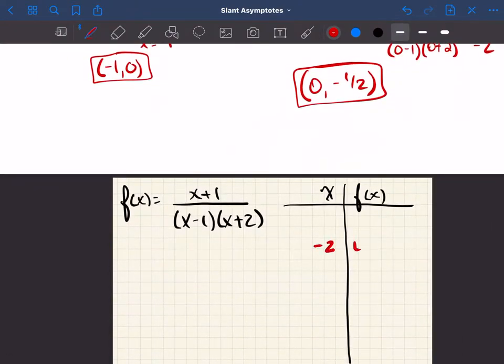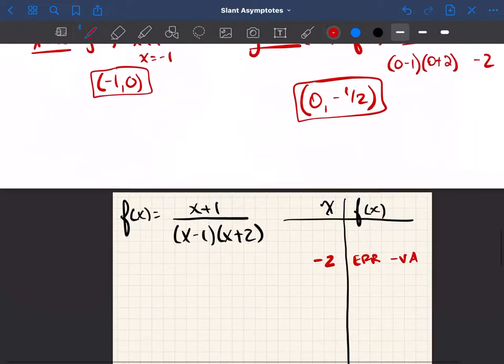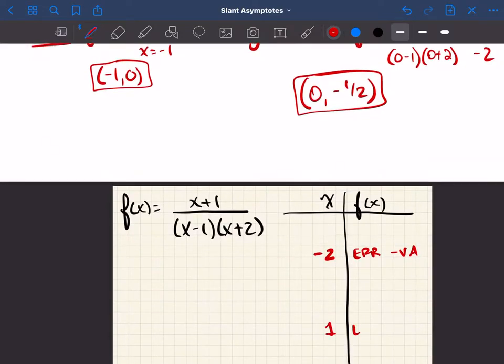At negative 2, we know we're going to have an error there that produces our vertical asymptote. And then we said our second one is at 1. We know that will produce an error. That's another vertical asymptote. At 0, we have negative 1/2. And at negative 1, we have 0.